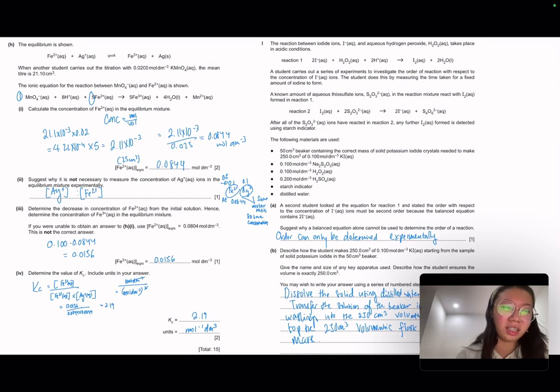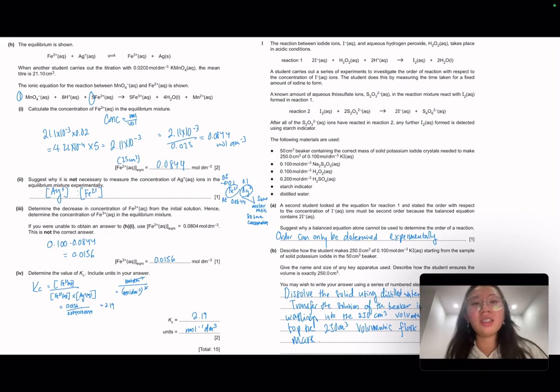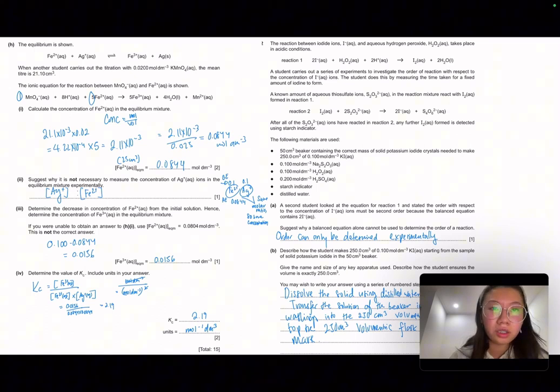So what does this say? This indicates that the concentration is likely to be the same. So it is not necessary to measure the concentration because the concentration of Ag+ and the concentration of Fe2+ are the same. So yeah, determine the decrease in concentration of Fe2+ from the initial solution. Hence, determine the concentration of Fe3+ in the equilibrium mixture.